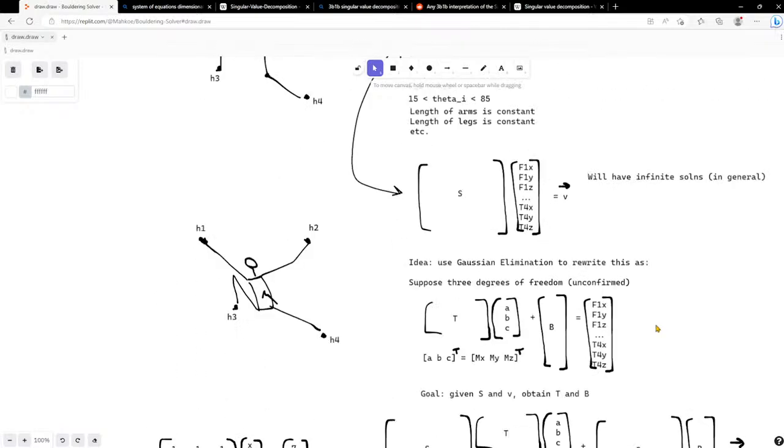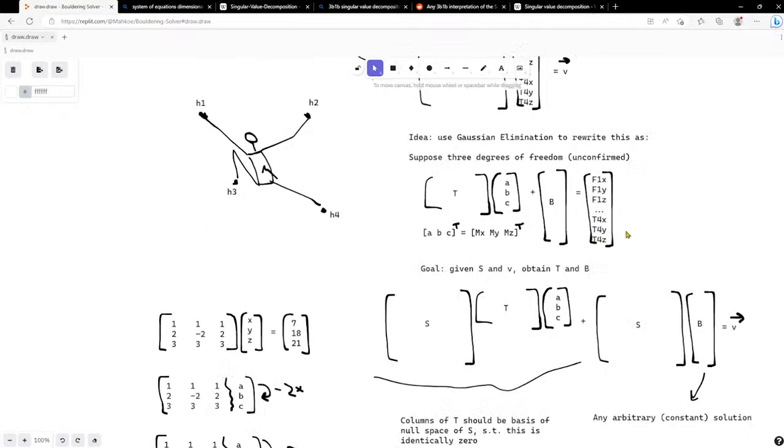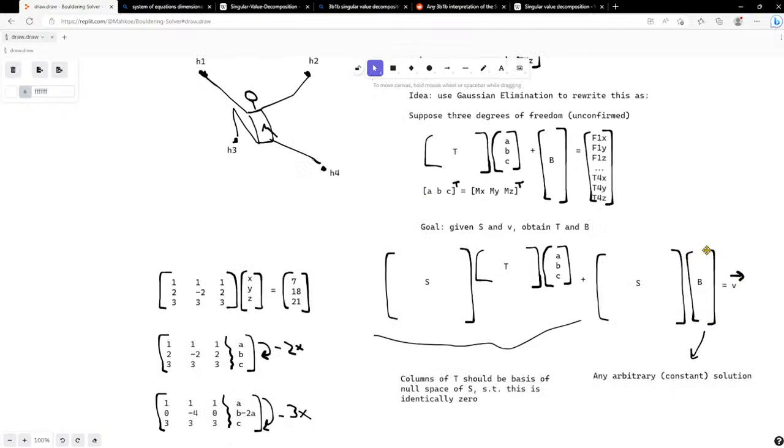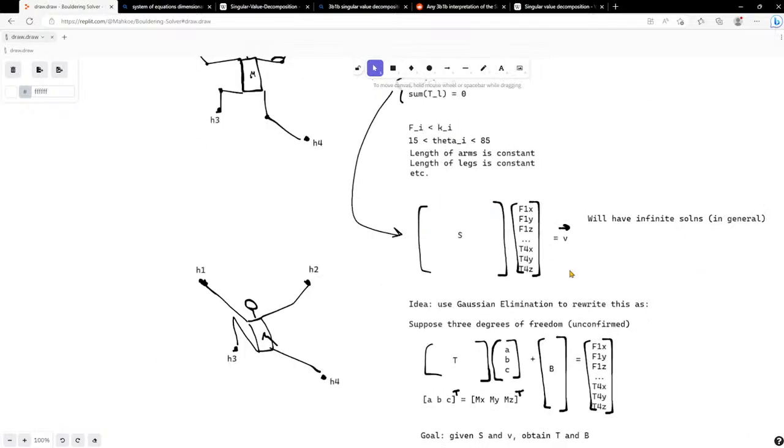I think I might have jumped to conclusions earlier when I said that I was kicking the can down the road, because actually finding this B vector appears to be exactly the same as solving this, but that's not quite true. I just need to find any solution. I don't need to find all of them, I suppose.